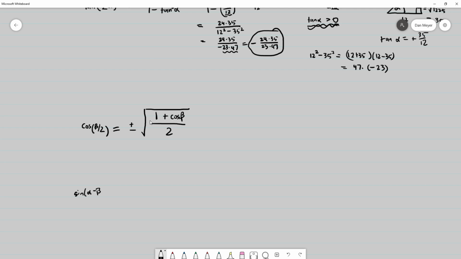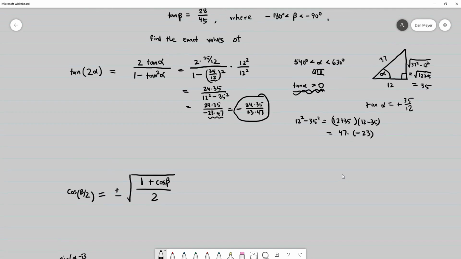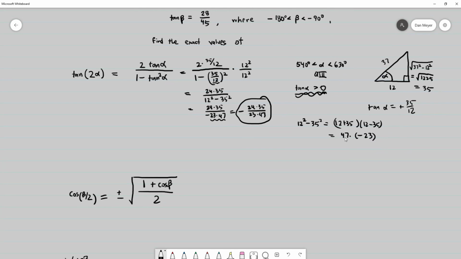All right, and we can go look at beta. Let's see, beta, they tell us that beta is between negative 180 degrees and negative 90 degrees.